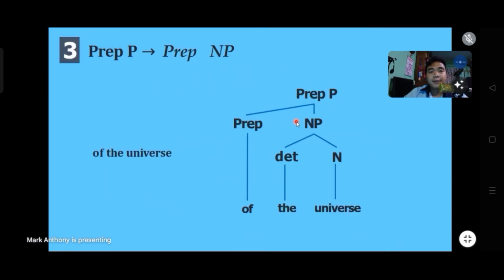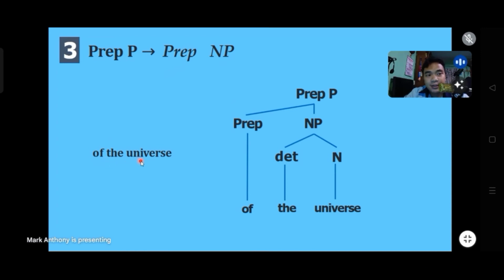And now for our third basic structure rule, we have here the prepositional phrase, which consists of a preposition and a noun phrase. So for example, we have here the sentence "of the universe."